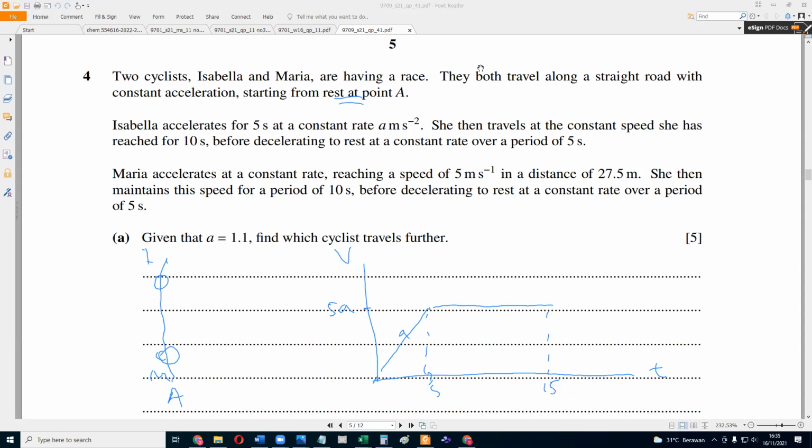Travels for 10 seconds means it's 15 seconds. Then decelerating to rest at a constant rate over 5 seconds, so after 20 seconds, it's going to go back to zero. So this is what happened to Isabella.